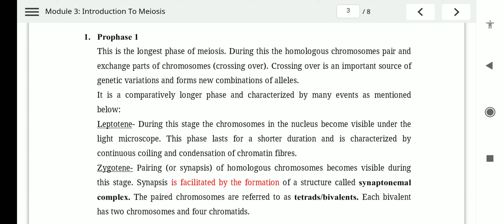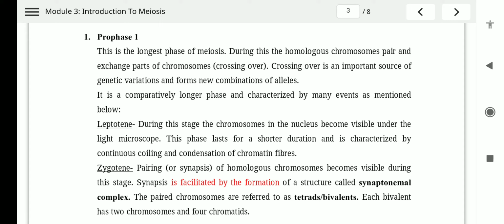It is also called a bivalent because two chromosomes are attached, and four chromatids are there, which is called the tetrad. Each bivalent has two chromosomes and four chromatids, because there are two chromosomes and each chromosome has two chromatids. So, a total of four chromatids in a bivalent.